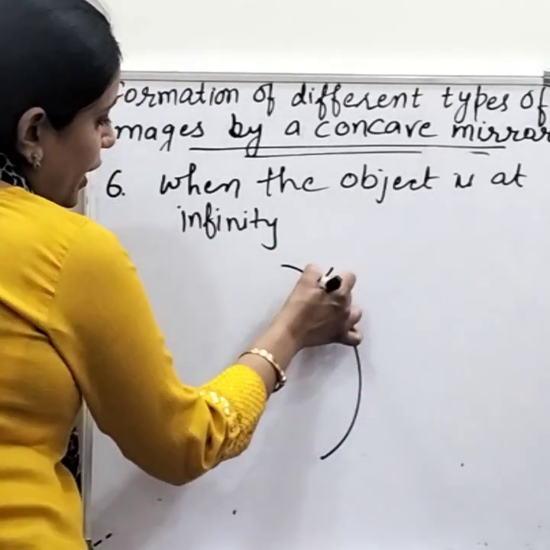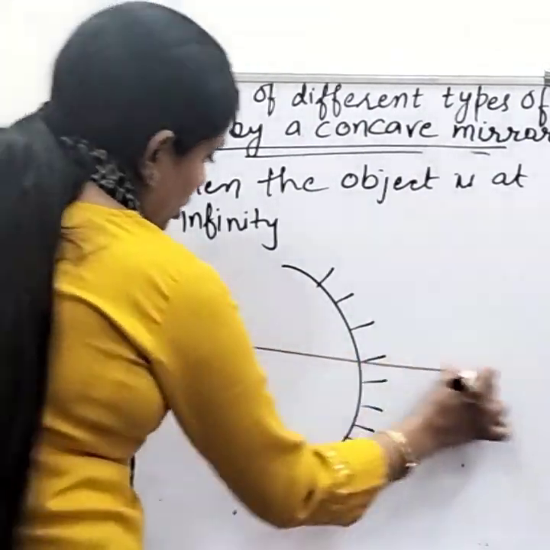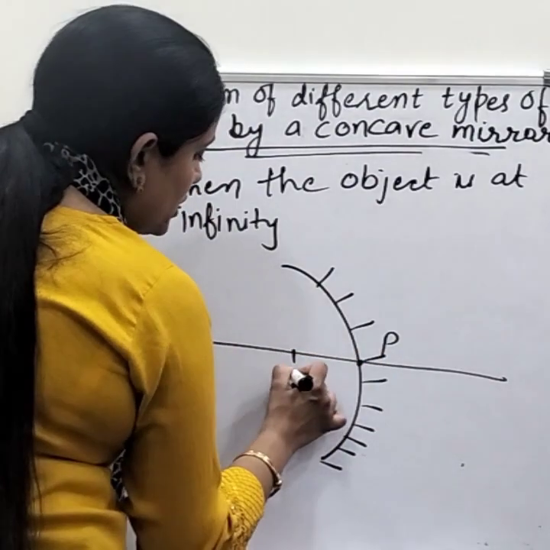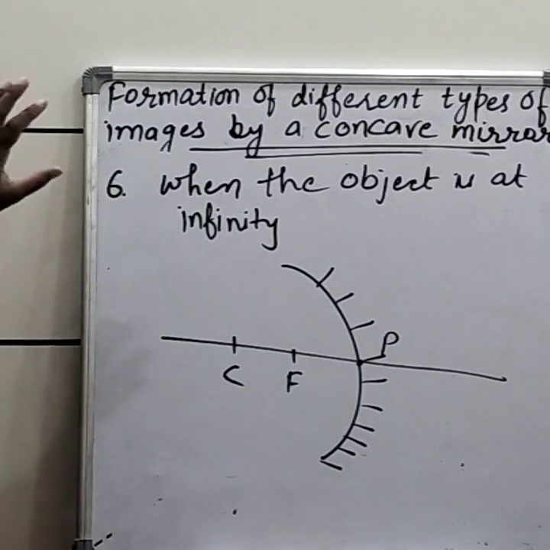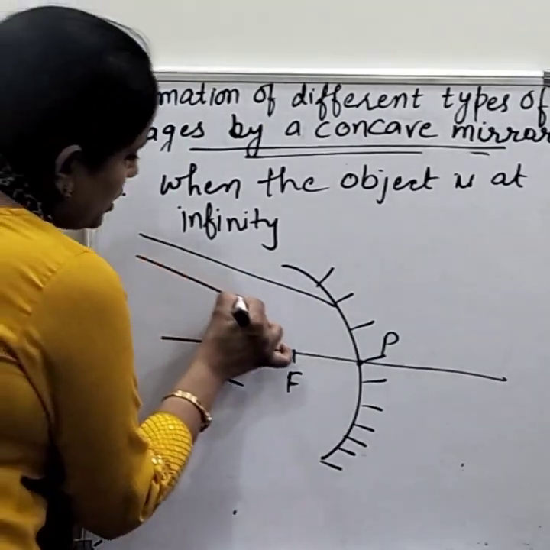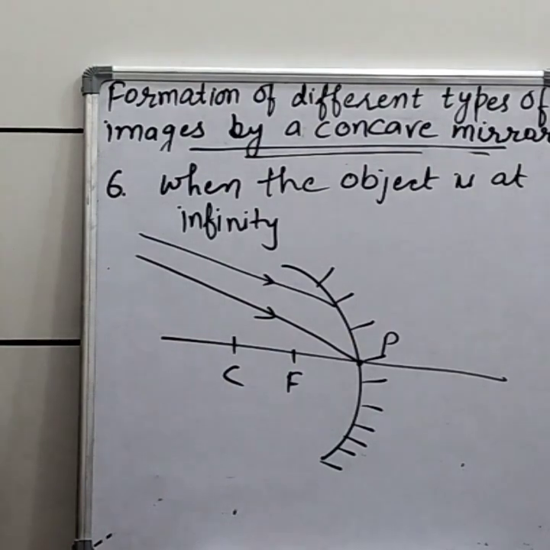So when the object is at infinity, and we don't know where infinity is. Infinity is a very far point. So we consider the rays coming from infinity to be parallel to each other. These rays are coming from infinity.